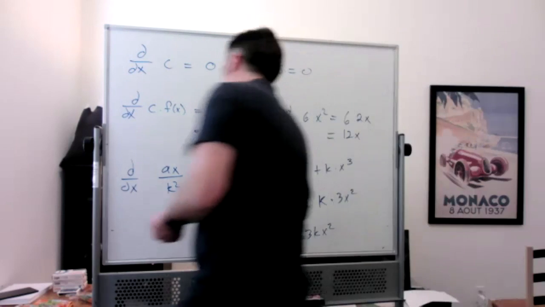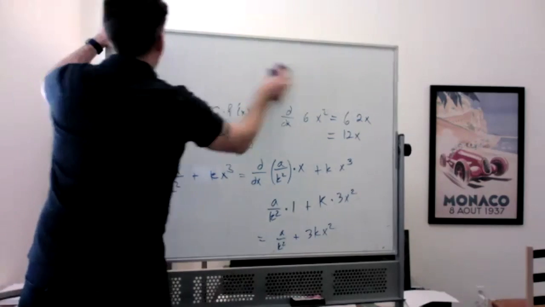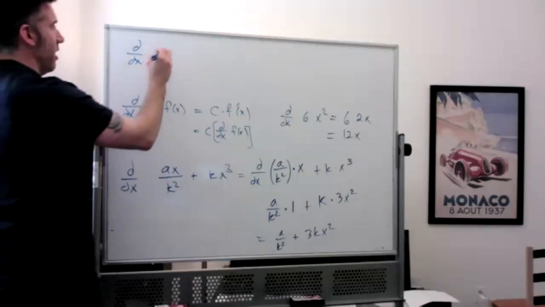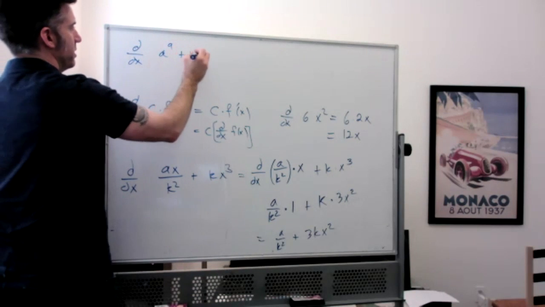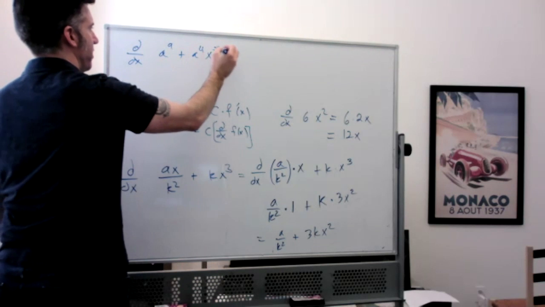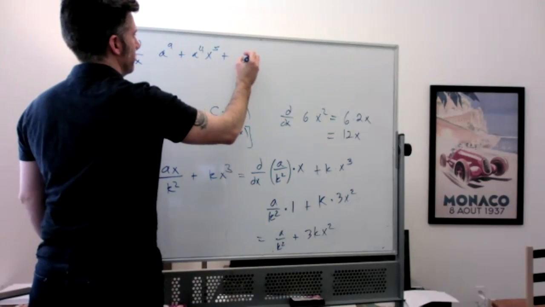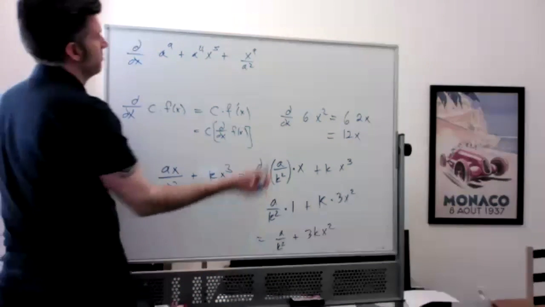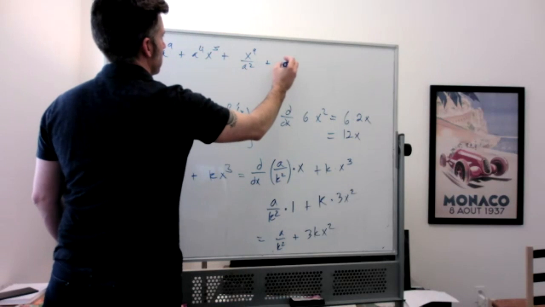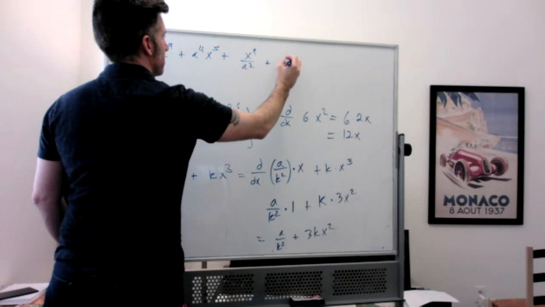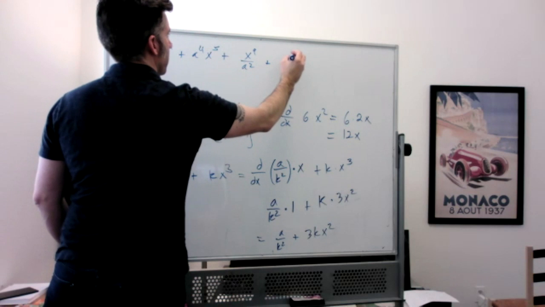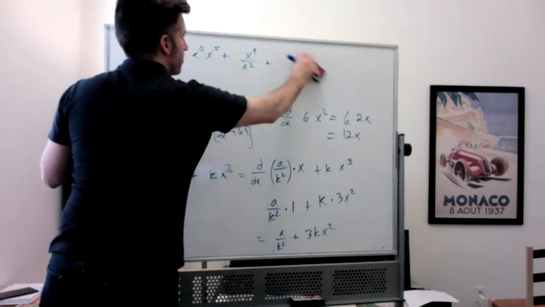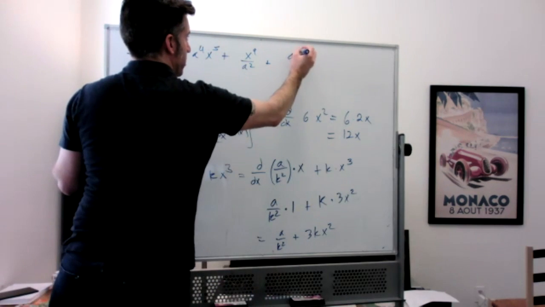Another example of this would be something like the derivative with respect to x of a to the 9th plus a to the 4th times x to the 5th plus x to the 9th over a squared plus a cubed over x cubed.